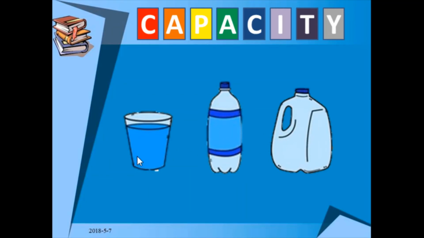Small container to big container, right? That means we are starting from least capacity, or the smallest capacity container, going to the most capacity.